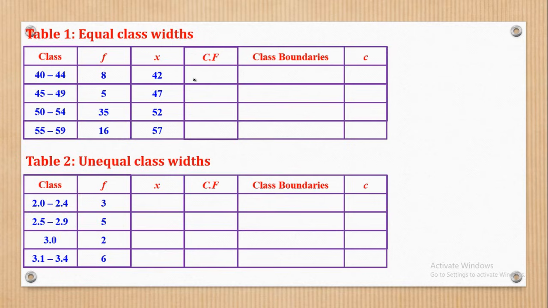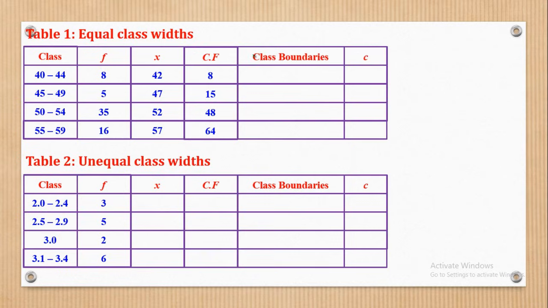So up to this point, the total frequency is 8. Then up to this point, the total frequency is this plus this, which is 15. Then up to this point, it is this plus this, which is 48. And up to this point, it is this plus this, which is 64. So that is how they generate cumulative frequency.